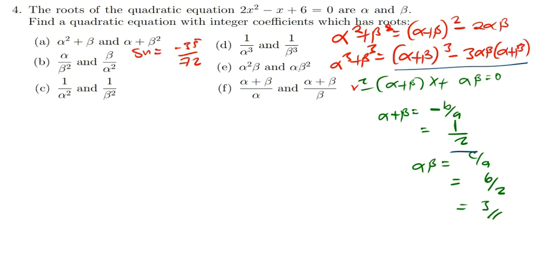If we multiply, what are we going to have? Let's see. So have alpha over beta squared. What do we expect to have?